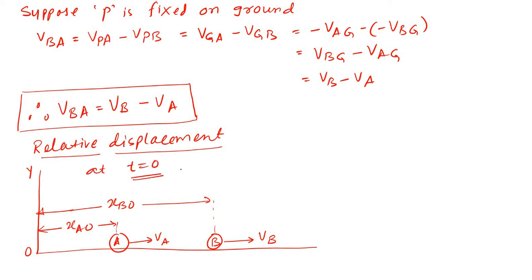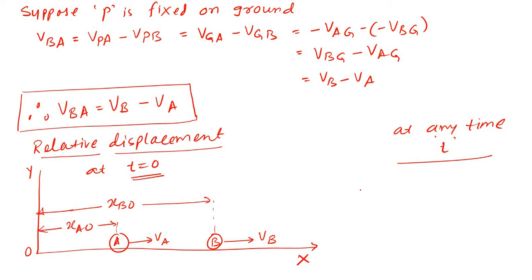Now what is going to happen? VA and VB both are going to carry their motion in this direction, the positive x direction. So at any time t, what is going to happen? The distance has changed from O. A has also moved further, right?